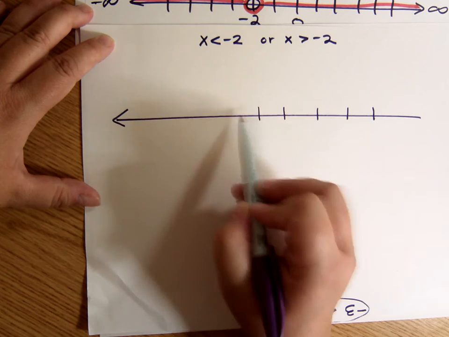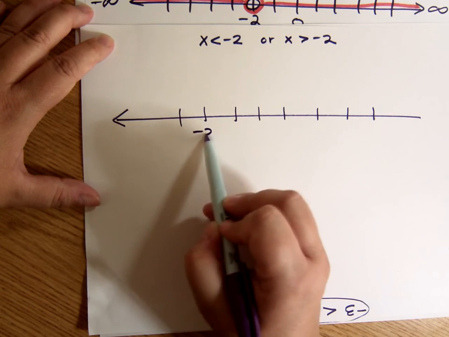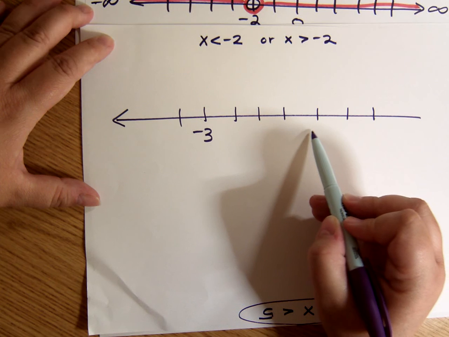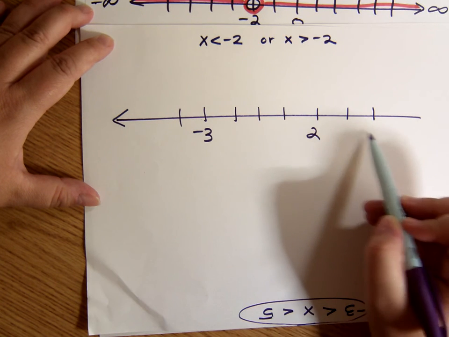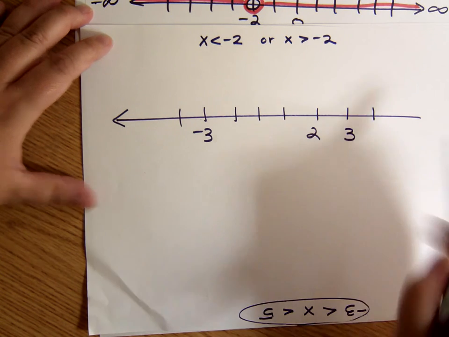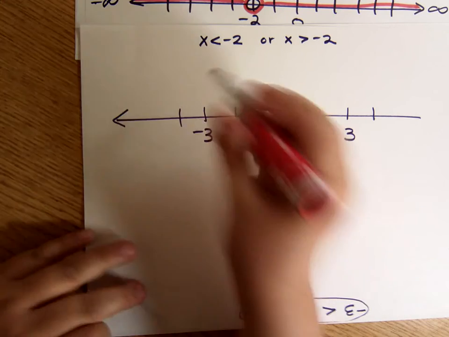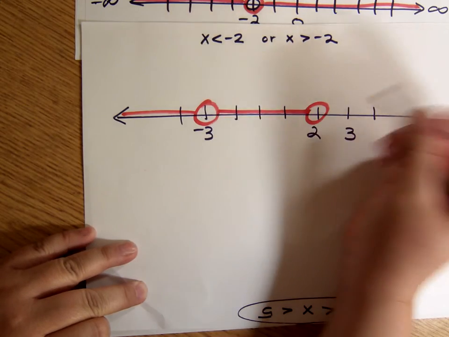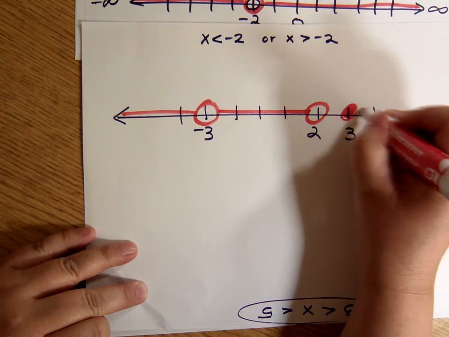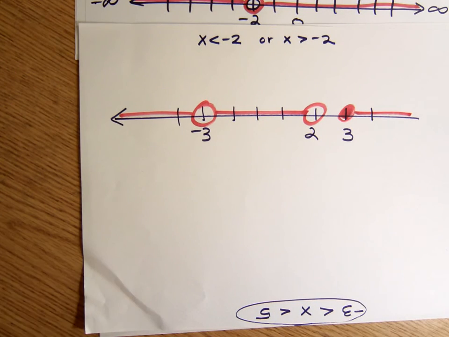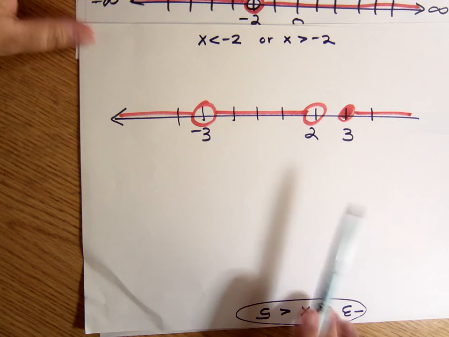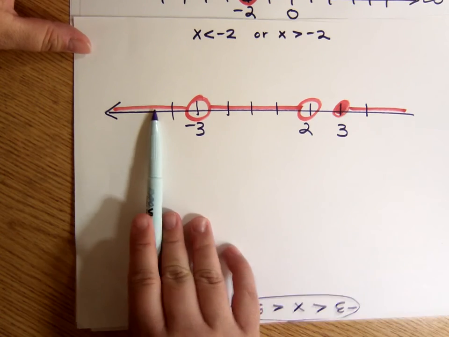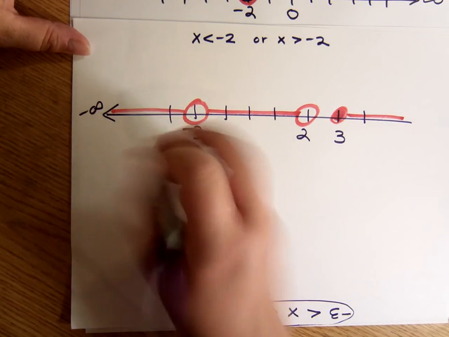I'm just going to randomly put some numbers. Let's say this is negative 3, and this is 2, and this is 3. What if it went like this? Well, then my graph has 3 different sections. I have the section from negative infinity to negative 3.